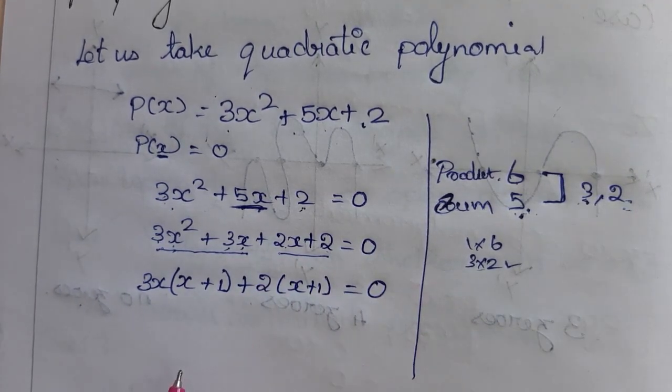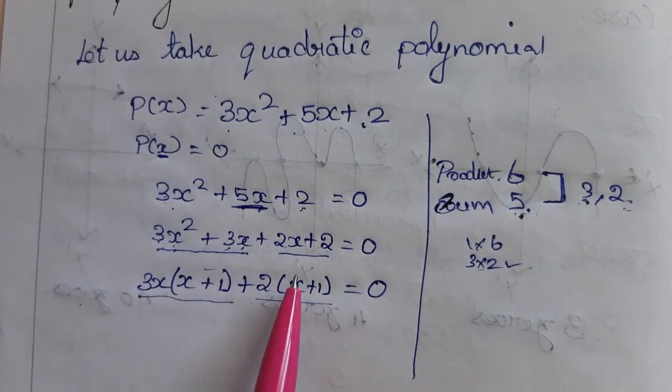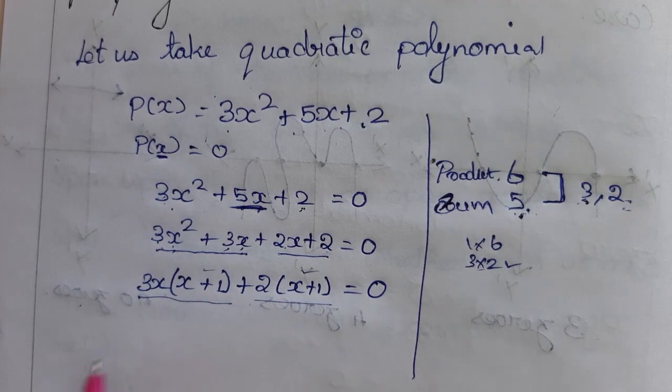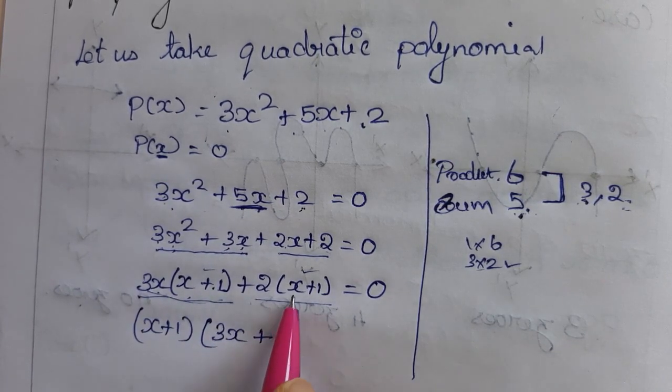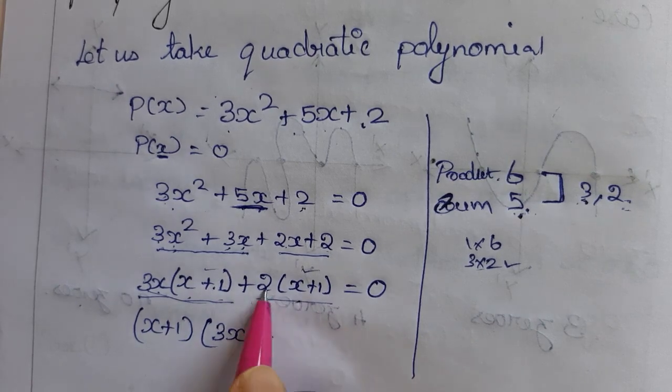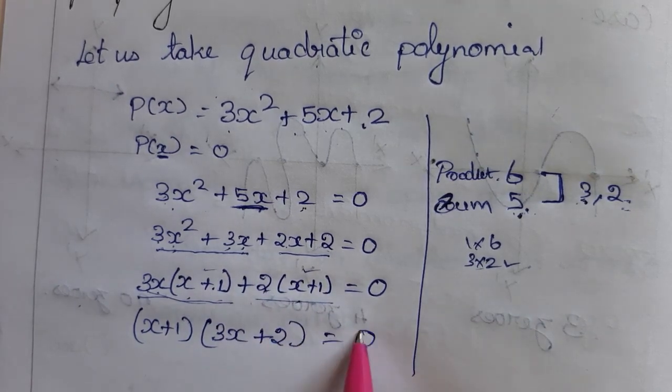Now we got two terms, and x plus 1 is a common factor, right? By applying the distributive property, x plus 1 into 3x plus 2 is equal to 0.